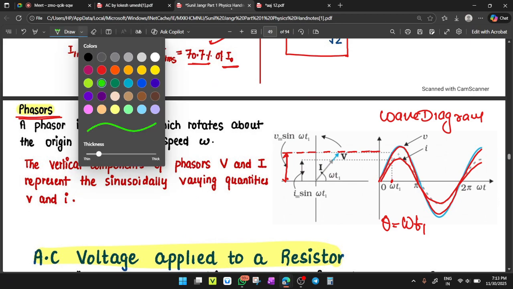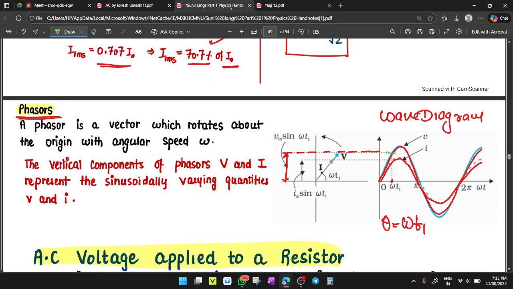So at omega t1, your voltage will be given by this level of voltage, because the voltage axis will be there. So the vertical component of the voltage is this much. And this component is equal to Vm sine omega t1. Now at the same place, the value of current is here.